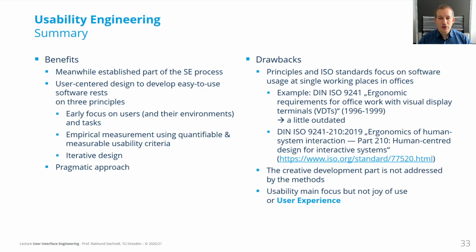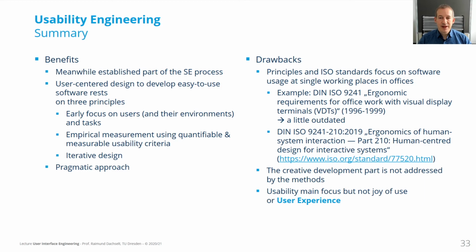Of course, there are also drawbacks. For example, if you follow this ISO standard approach and the principles outlined there, then you see that they are a little bit outdated, what I already said. That means they are only focusing on single working places and in offices.